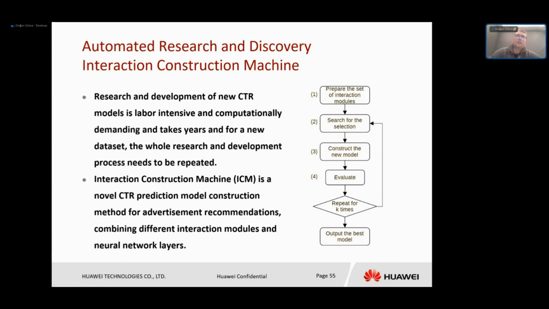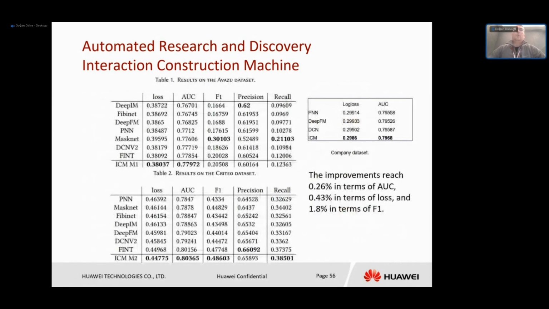The results on different datasets are shown here. On the Avazu dataset, we achieve improvements compared with other component models and other best models. Again, we achieve improvements on the Criteo datasets using the ICM M2 model. The improvements reach 0.26% in AUC, 0.43% in logloss, and 1.8% in terms of F1.